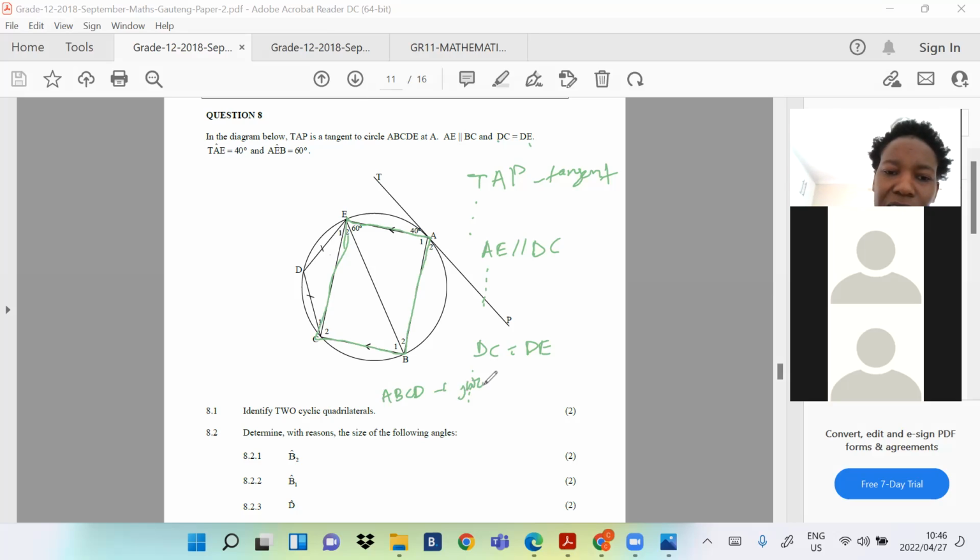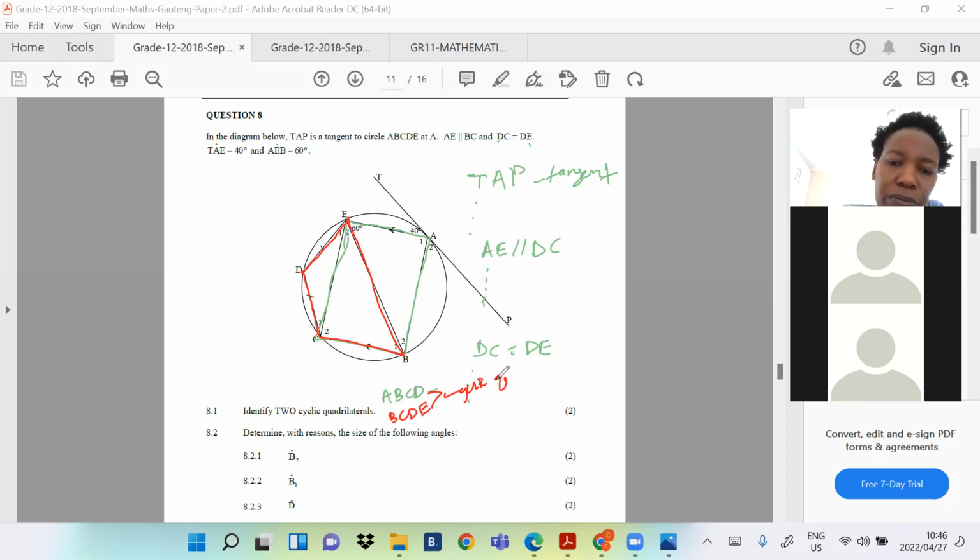Which four-sided shape is sitting on a circle? DECP. Okay, so DE, BC. So those are our cyclic quads, BCDE. So those are our two cyclic quads.